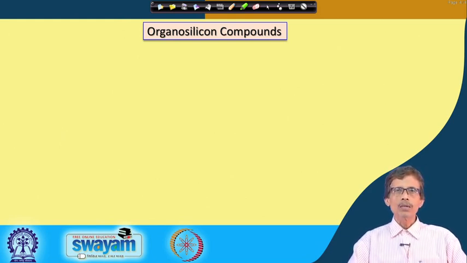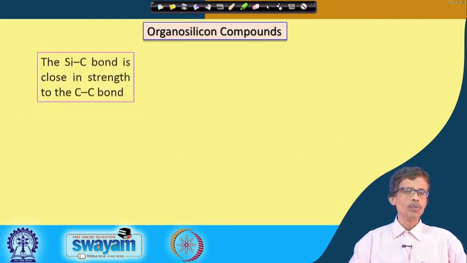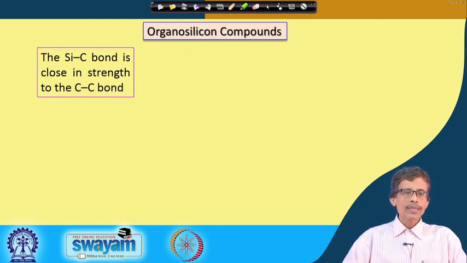So, organosilicon compounds, as the name defines, have a carbon center attached to a silicon center, that means a carbon silicon bond. And this Si-C bond is close in strength to the carbon carbon bond. So, we know that you can have a carbon carbon chain or a polymeric unit like polyethylene, which can be considered a simple polymer with a carbon carbon backbone.